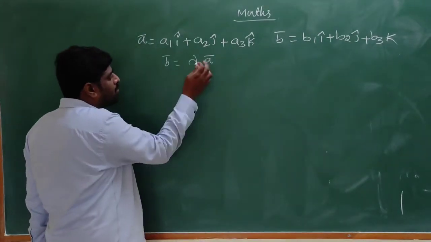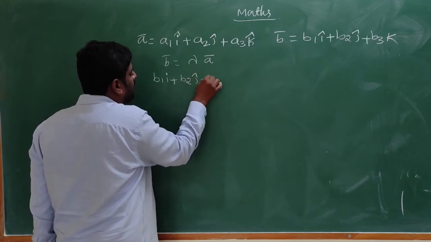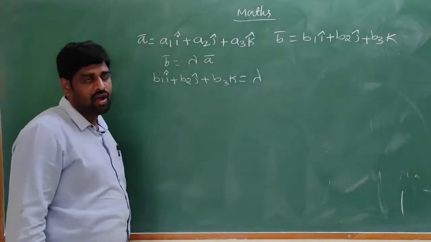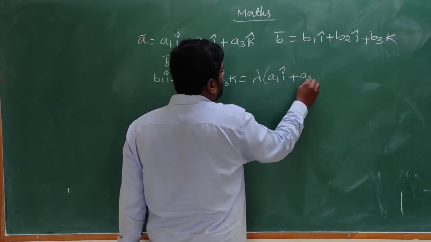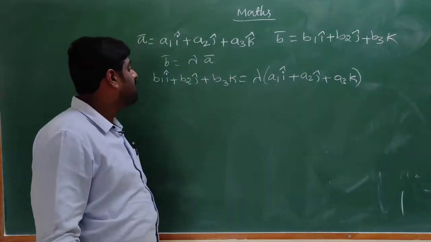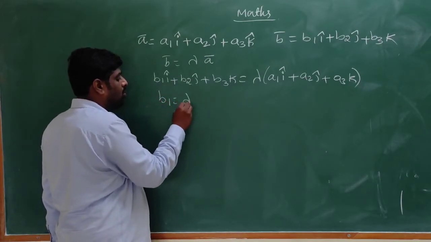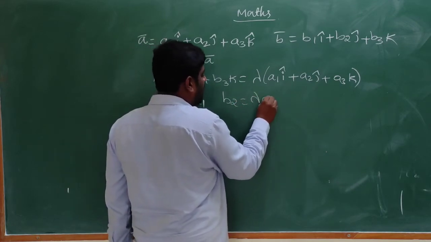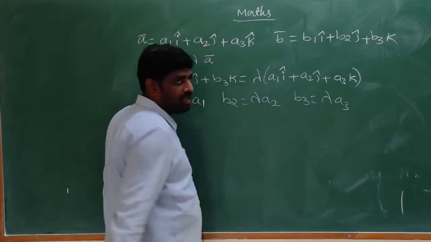That means b1 i cap plus b2 j cap plus b3 k cap is equal to lambda of a1 i cap plus a2 j cap plus a3 k cap. Equating the ijk coefficients, b1 is equal to lambda a1, b2 is equal to lambda a2, b3 is equal to lambda a3.